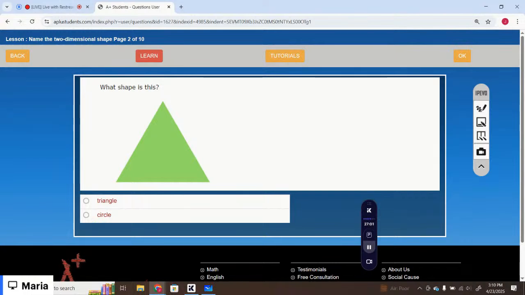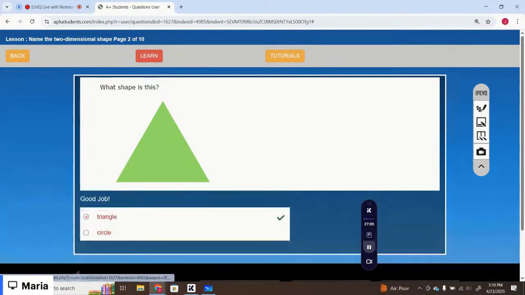That is a triangle. The three-sided shape is always a triangle.